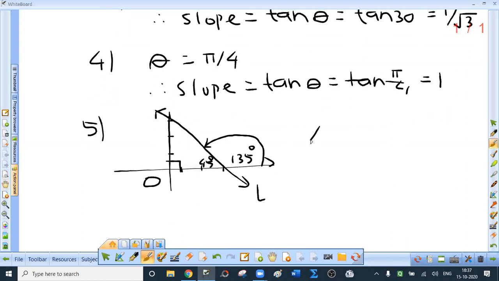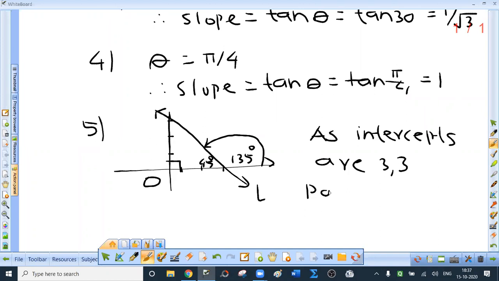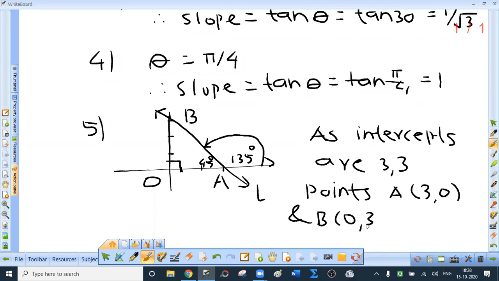Then, as intercepts are 3, points A(3, 0) and B(0, 3) lie on the line, or you may say the line passes through these points, same thing.